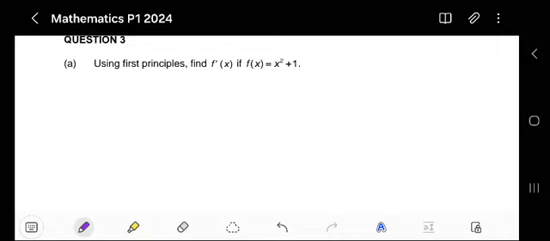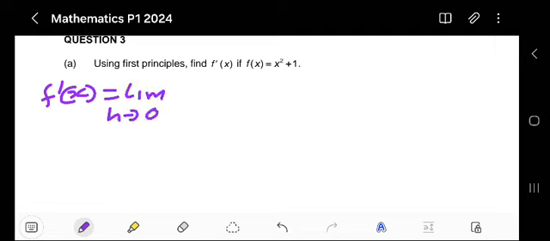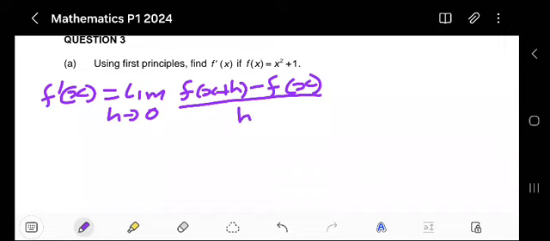So we differentiate but using first principle. I know the formula. This is equal to the limit as h approaches 0 of f of x plus h, subtract the original function f of x, divided by h.